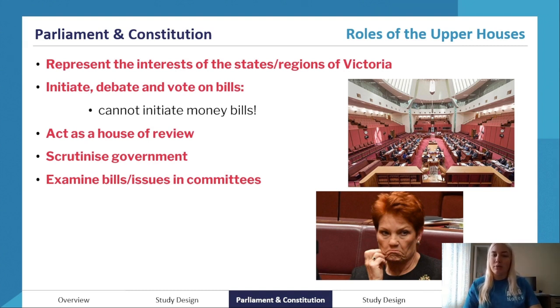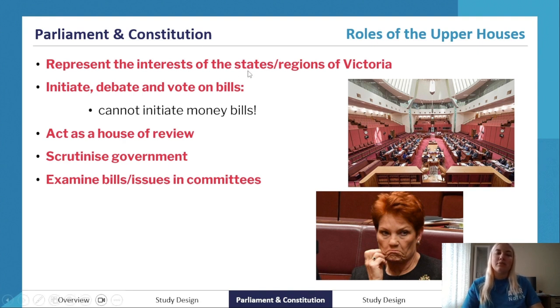That's how we represent the interests of regions of Victoria, not necessarily the people. So you can see that the election process is really different. A certain number of members from each region are elected into the upper house, whereas with the lower house, it all just depends on people's votes and isn't necessarily decided based on region and geographical area.